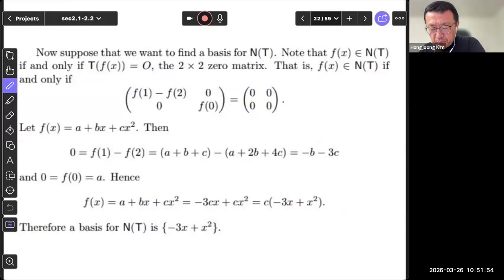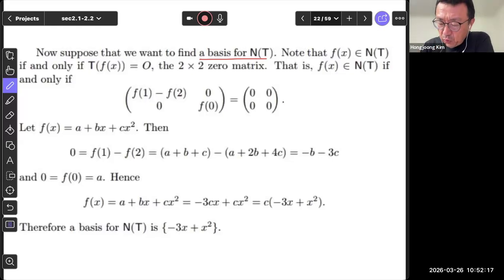Okay. Now, suppose that we want to find a basis for the null space. So we need to find which vector in the domain is mapped to the 0 vector, right?